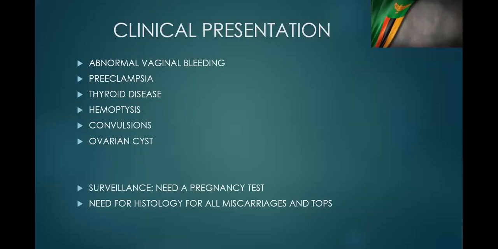Sometimes it's very high. The levels can be as high as 100,000, as high as 1 million. That's how high the beta HCG in this molar pregnancy can be.